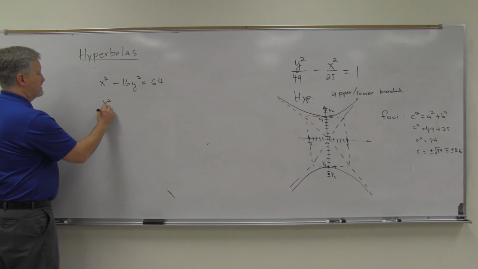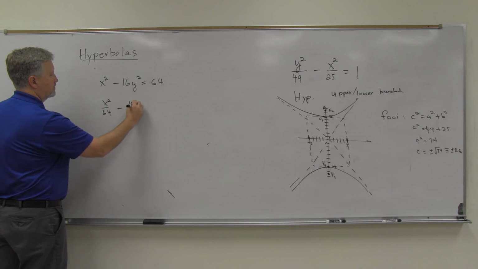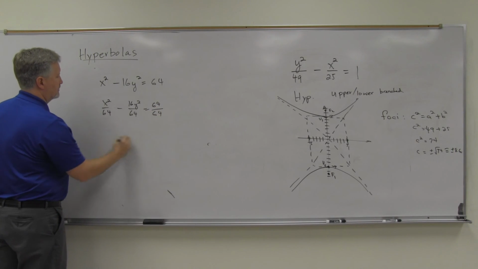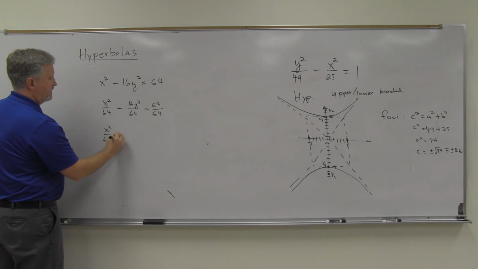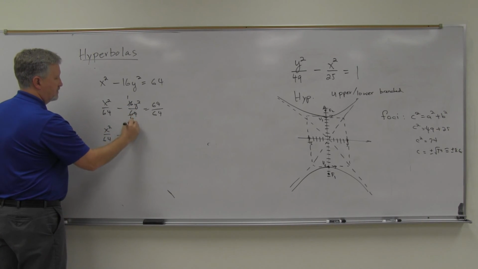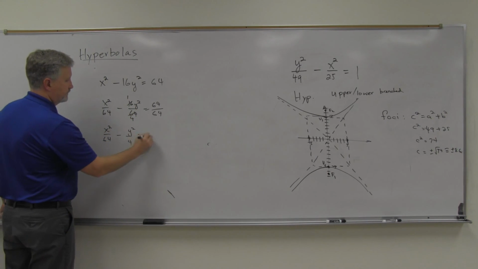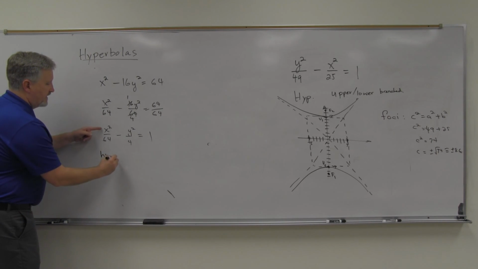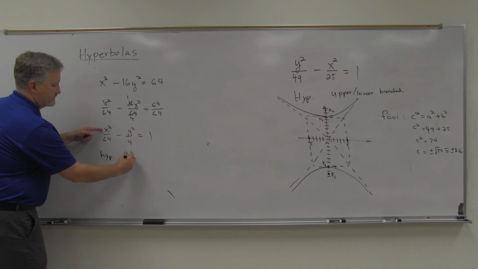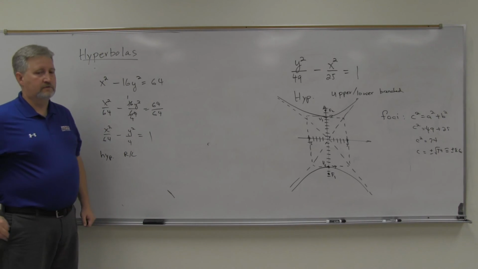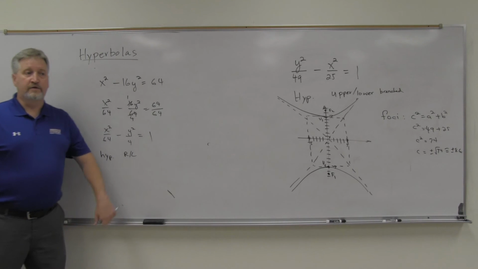So divide everything by 64. And we got it, don't we? That would be y squared over 4. All right. So now I know, yeah, that's a hyperbola. X is first, so that's right and left branches. Do my thing, rectangle all the time. So go from there.